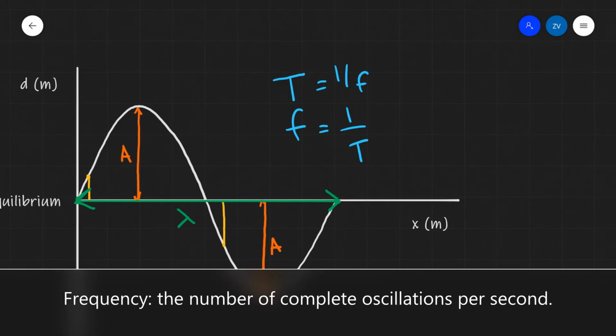Now, how does this equation work? For instance, imagine that our time period was half a second, so that would mean that one full wave cycle would take half a second to complete. In this case, the frequency will be 1 over 0.5, which will be 2 hertz.